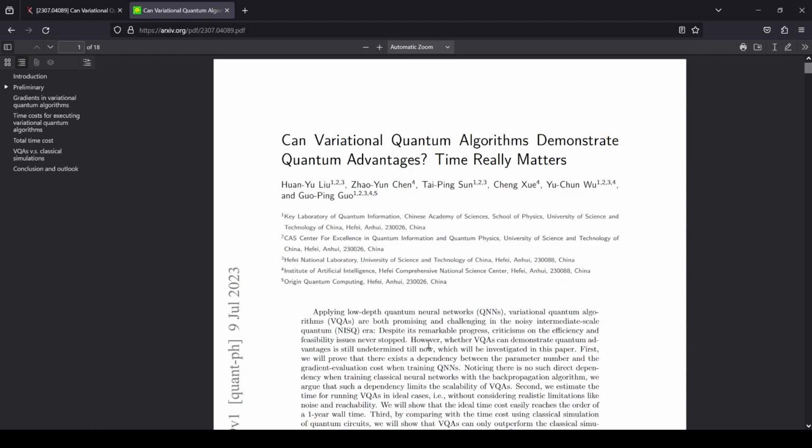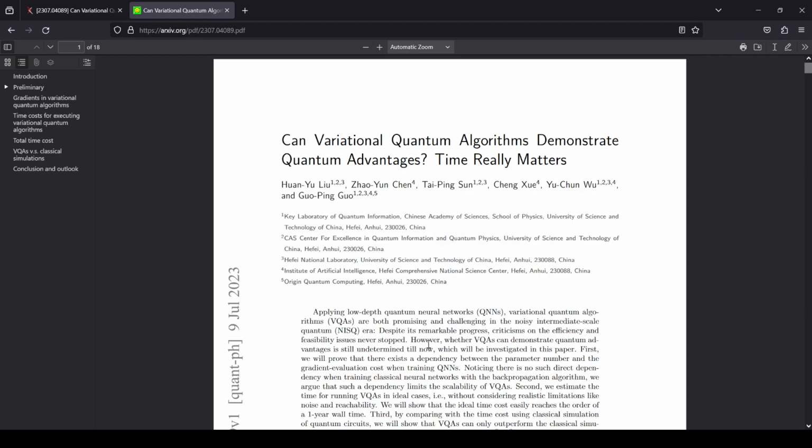Back of the envelope calculations based on parameter shift rule differentiations show that this is very difficult to work with because, as you scale up, you scale linearly with parameters, which is super painful.